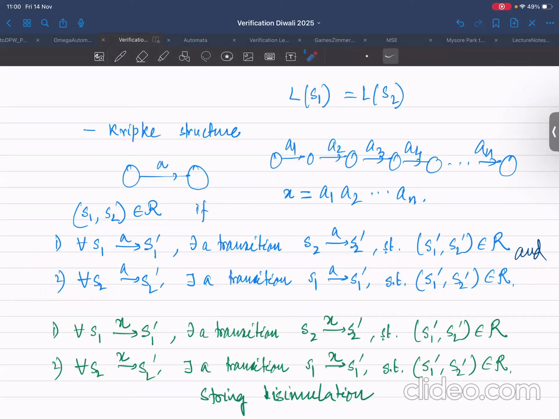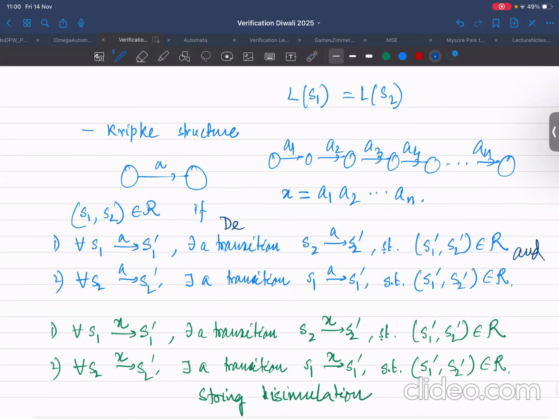And when the defender can match the move, it translates to the case that the two states are bisimilar. If the defender can always mimic the move of the challenger, then the two things are bisimilar, because for every move of the challenger there exists such a successor. This exists is for the defender.